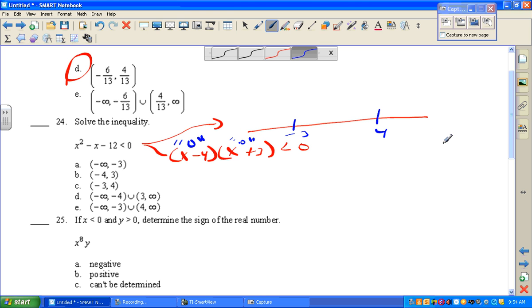Now you've got to check your regions for positive and negative. So if you put in like a negative 10, and put your equation in y1 if you want, or you can just look at it. If you put negative 10 into the first one, is that going to be a positive or negative number? That's going to be a negative, so negative times a negative is going to be a positive region.